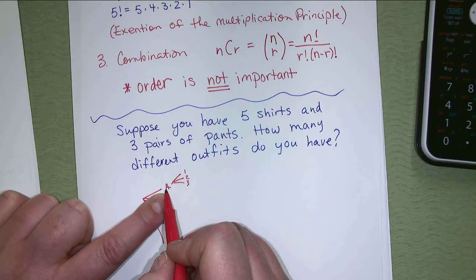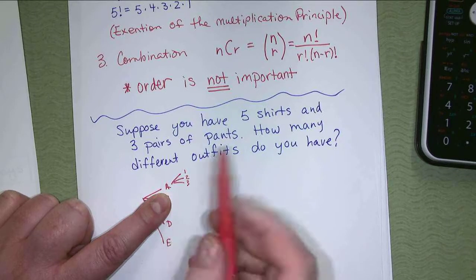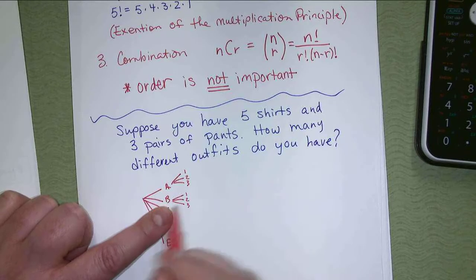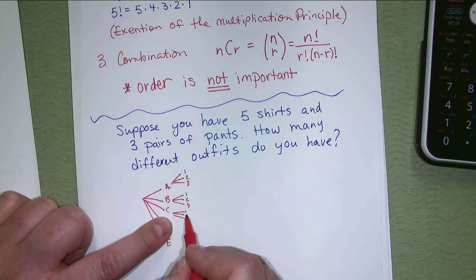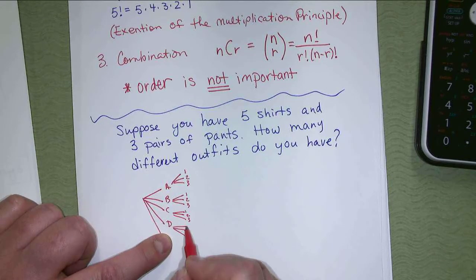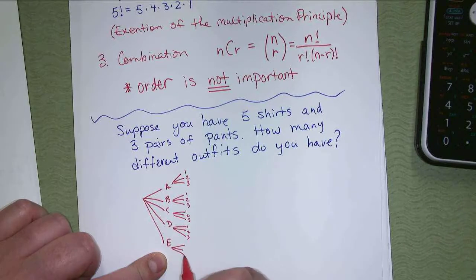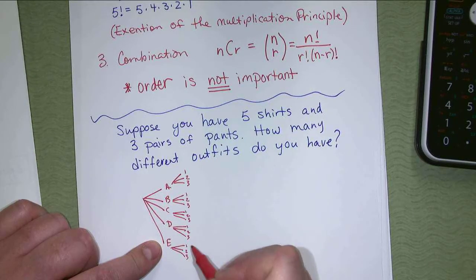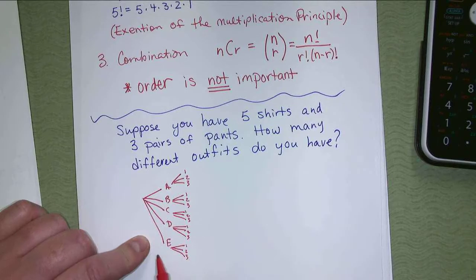Shirt A with pants 1, shirt A with pants 2. There's 3 possibilities. What about B? 3. What about C? 3. D and E. Altogether, you've got 3 outfits 5 times. This is 5 times 3, which is 15. That's the multiplication principle.